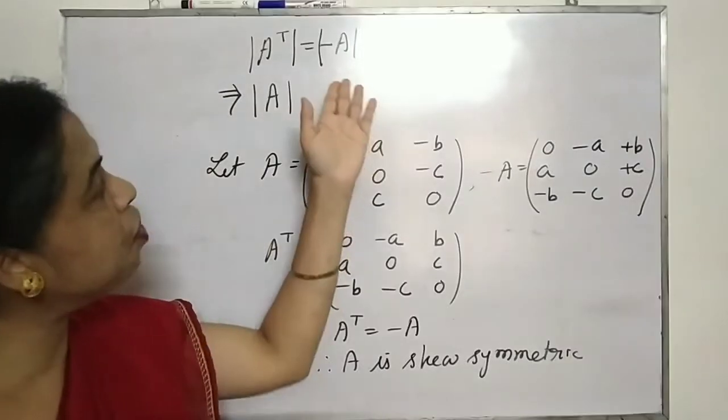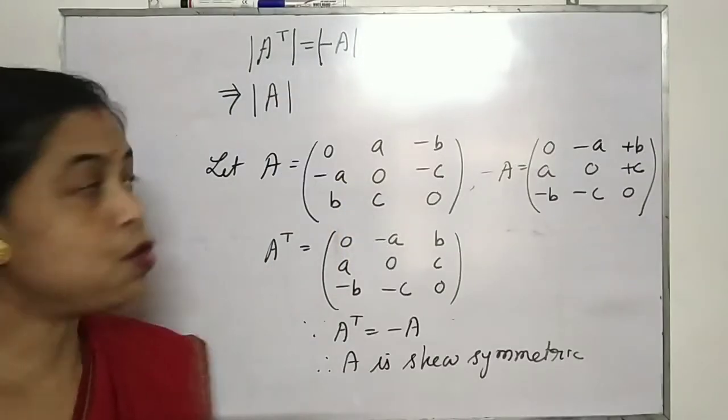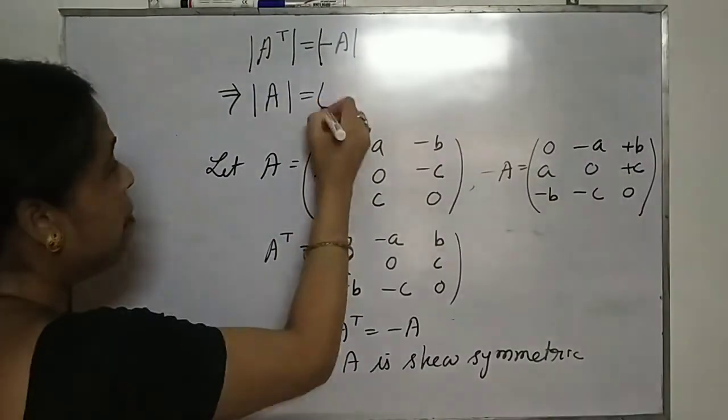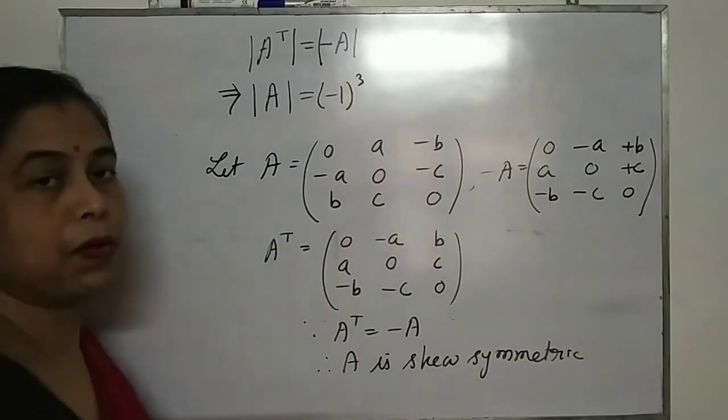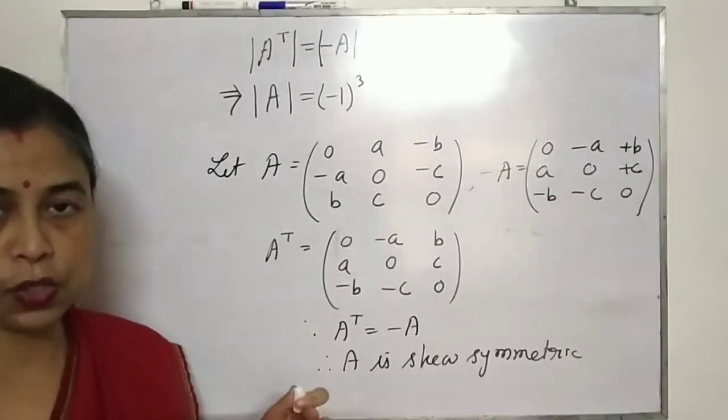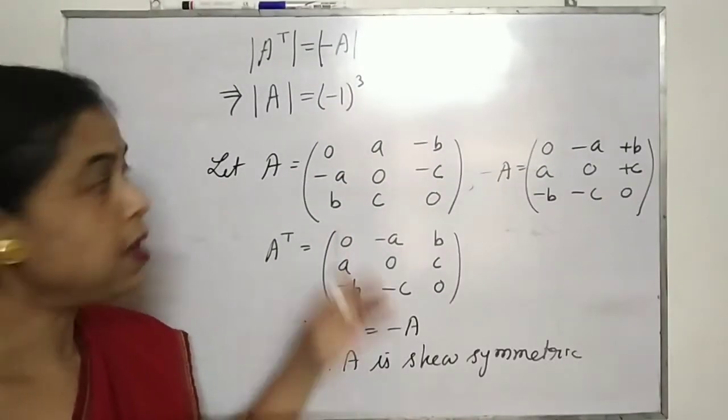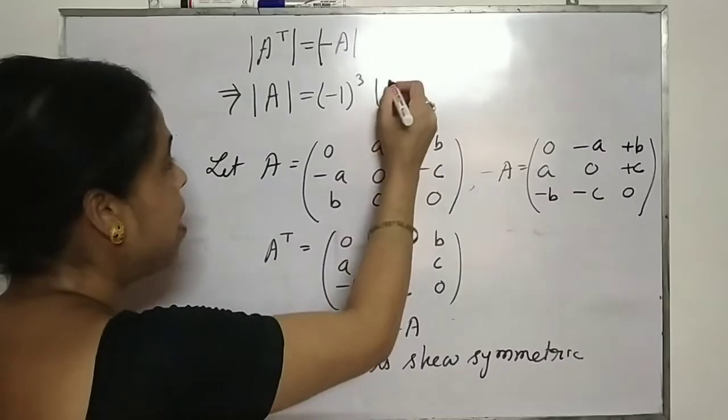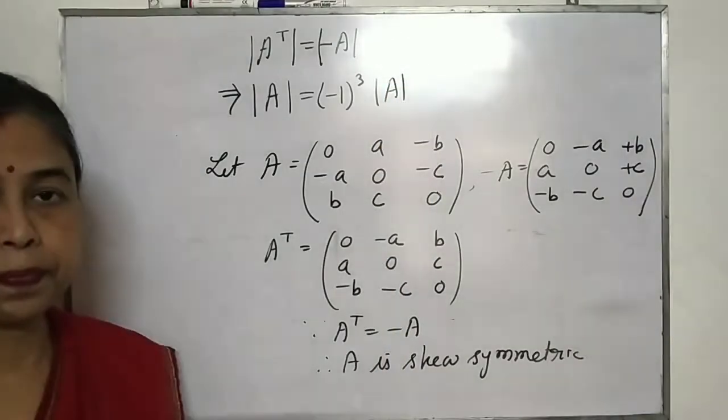Here each element of A is multiplied by minus 1, so minus 1 cube will come out, one minus 1 from each of the 3 rows, and here we will have determinant of A.